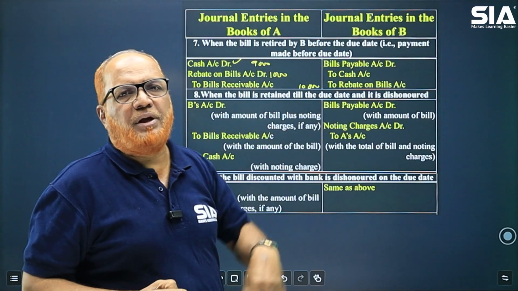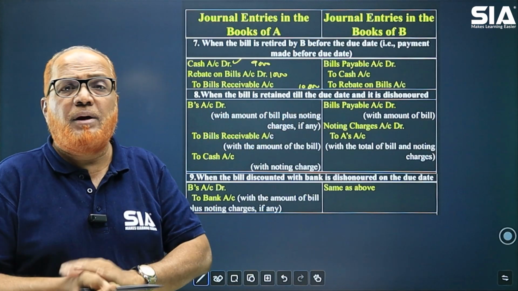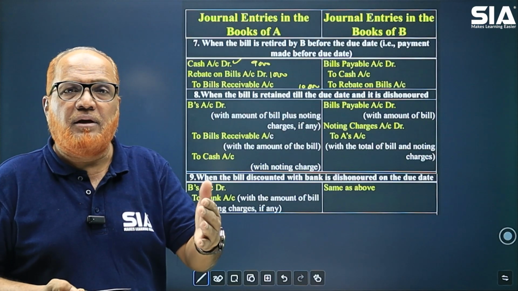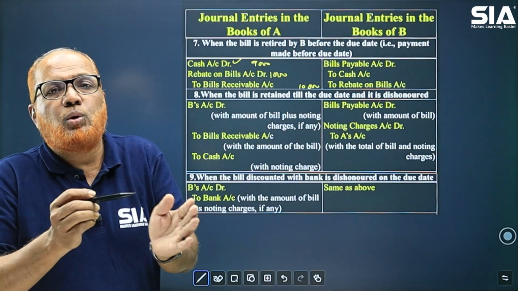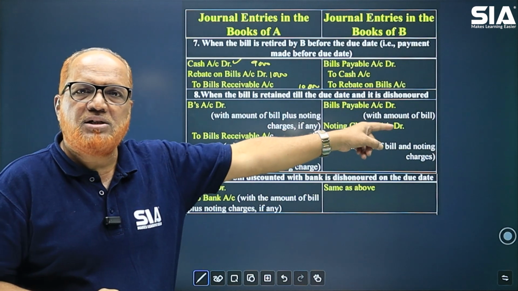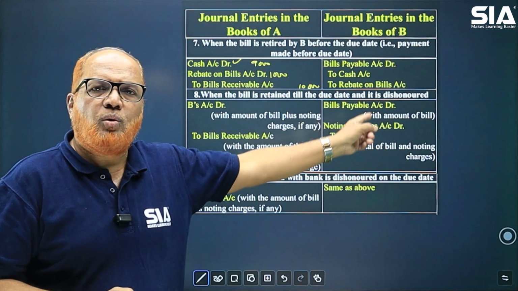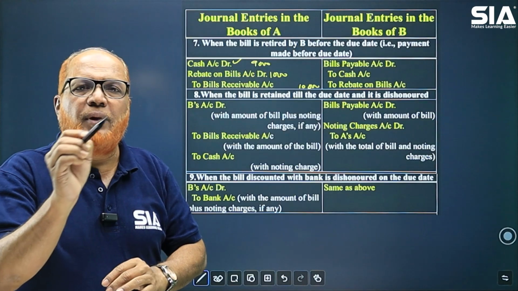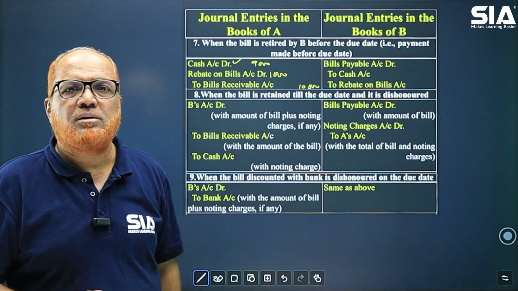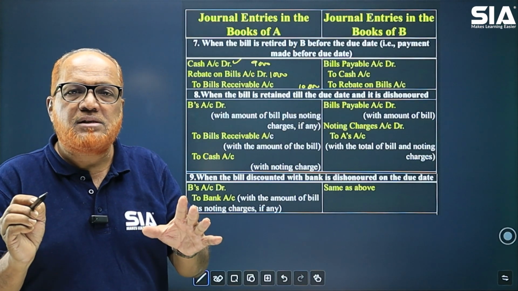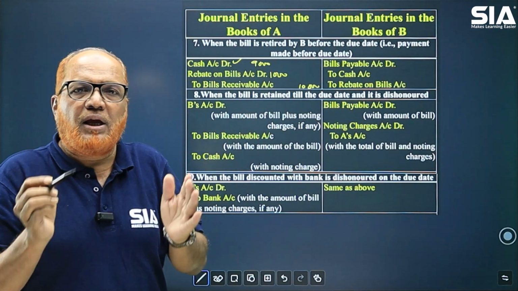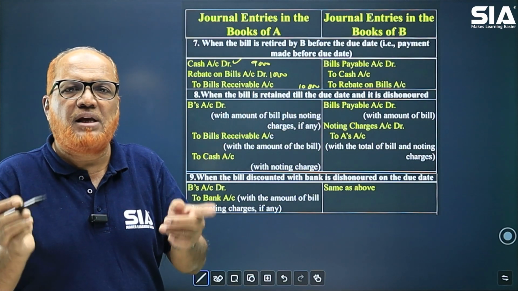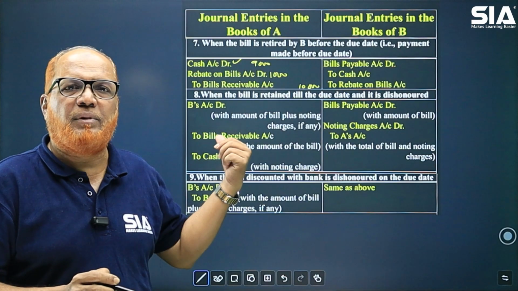Now in the books of B, he will debit bills payable account. He is honoring the bill. He is paying the bill. So bills payable account 10,000. To cash, how much cash is he paying? 9,000 only. So to cash 9,000. To rebate on bills 1,000. So rebate on bills is opened by A and also by B. But for A, rebate on bills is an expense, so debit.